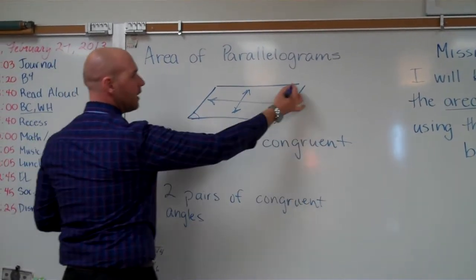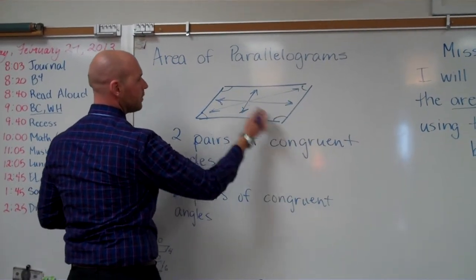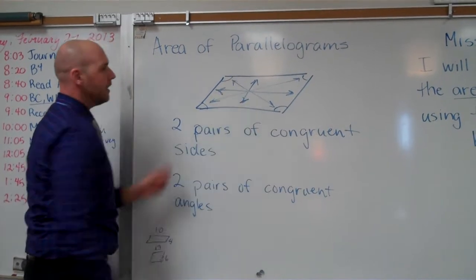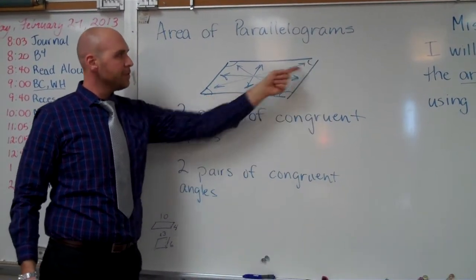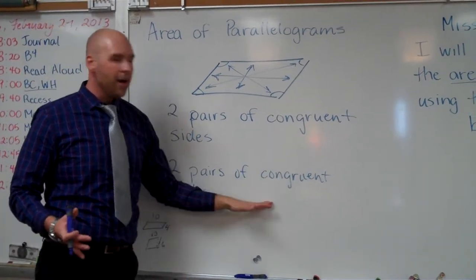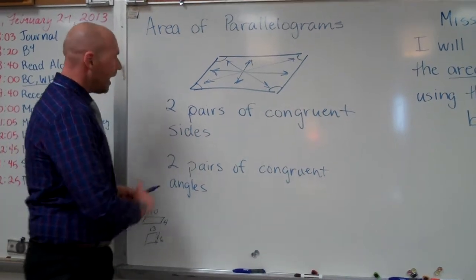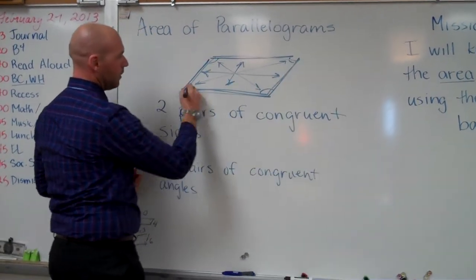So these two angles are the same, and these two angles are the same. And these two angles happen to be obtuse, these two angles have to be acute. So that's basically the definition of a parallelogram. And the whole idea is that these are parallel and these are parallel.